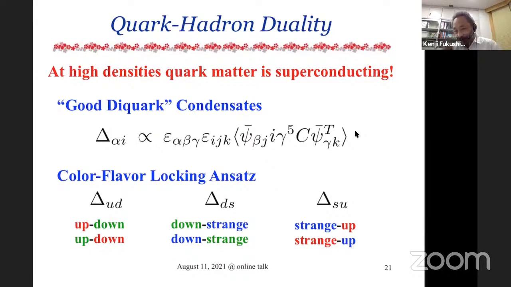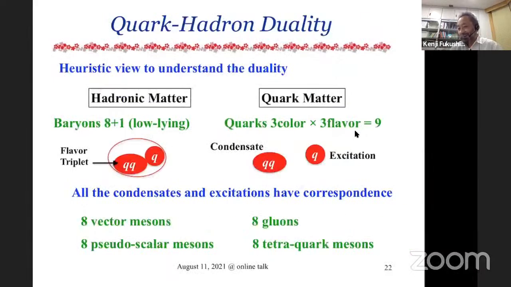But if it happens, then the interesting thing is you can never distinguish hadronic matter and quark matter. The reason is very simple. For example, a baryon is constructed by the combination of a diquark and a quark, right? The baryons are 3-quark objects, right?